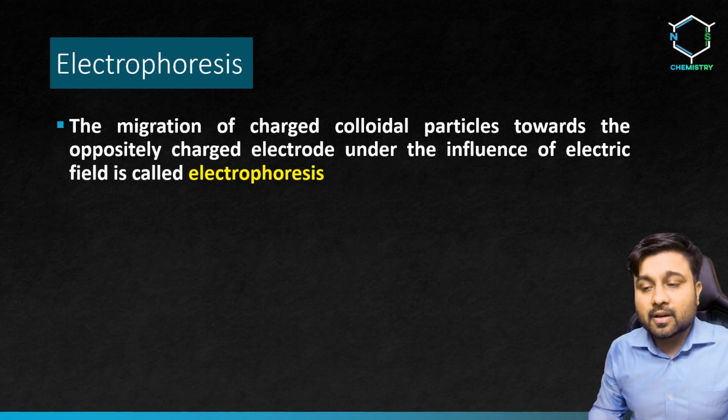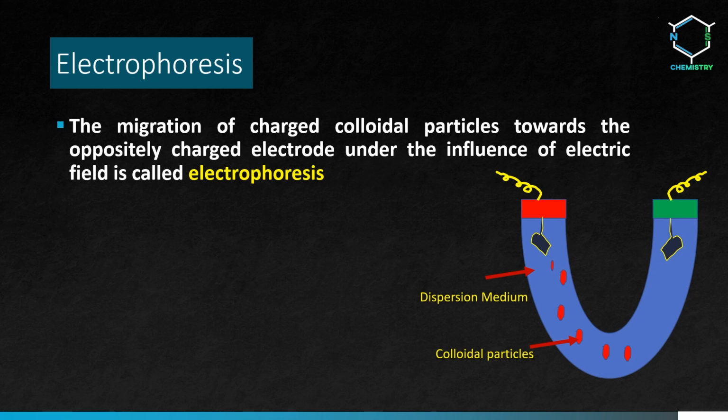So hota kaisa electrophoresis? So normally a container or a U-shaped tube is taken. One side is basically cathode. So let us label the left side as cathode and the other side is anode.